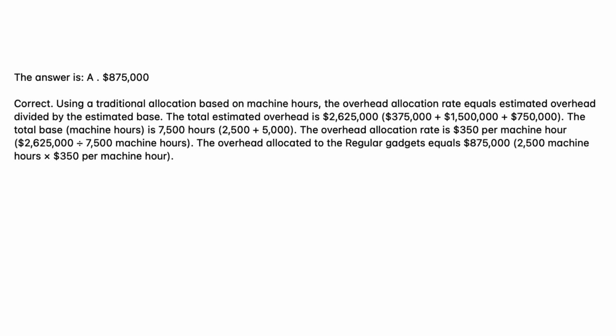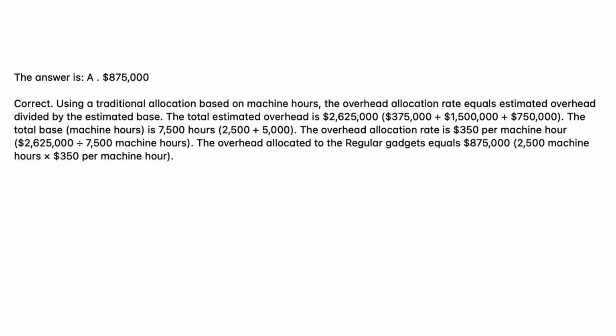$875,000. Correct. Using a traditional allocation based on machine hours, the overhead allocation rate equals estimated overhead divided by the estimated base. The total estimated overhead is $2,625,000, $375,000 plus $1,500,000 plus $750,000.